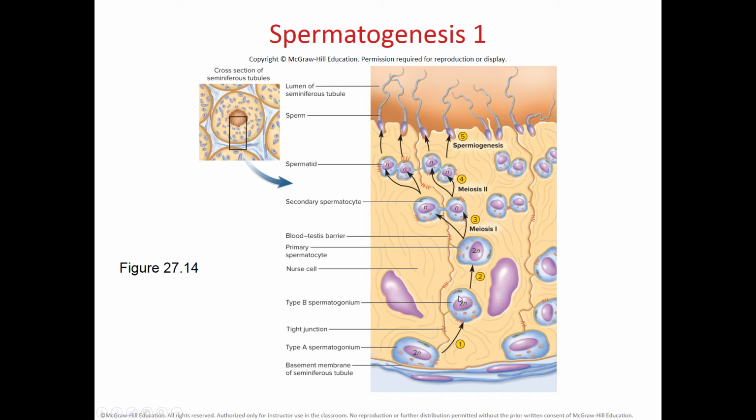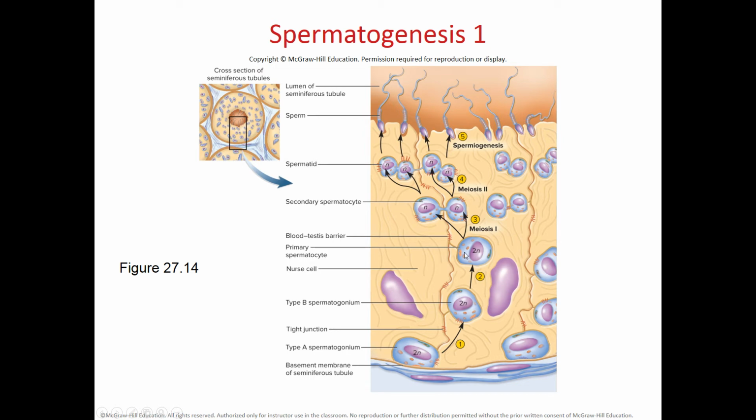From there, the type B spermatogonium will change into what we call the primary spermatocyte. So you will have a smaller nucleus and less cytoplasm. So you have structural changes.